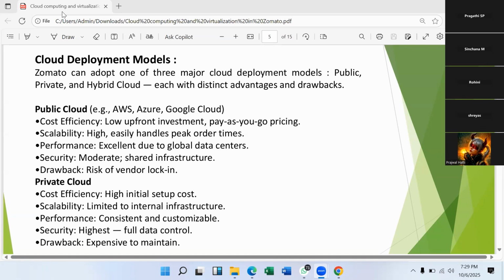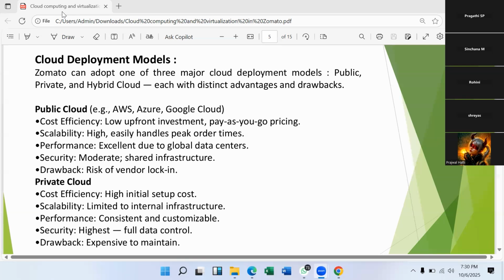Let us see about the public cloud. The public cloud is managed by third-party providers such as AWS, Microsoft Azure, and Google Cloud. It is cost efficient because companies only pay for what they use without any large upfront investment.